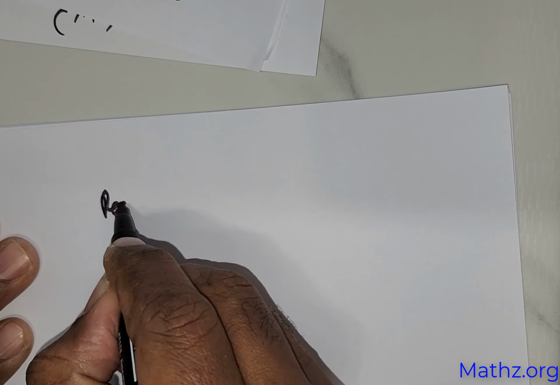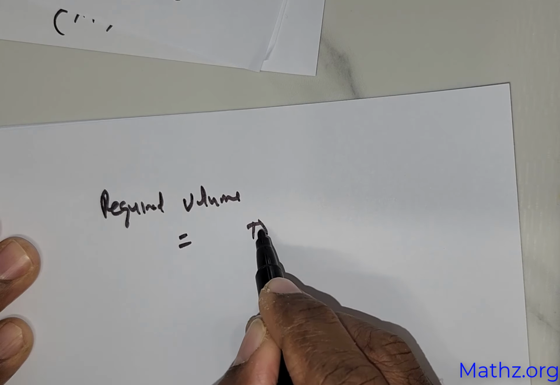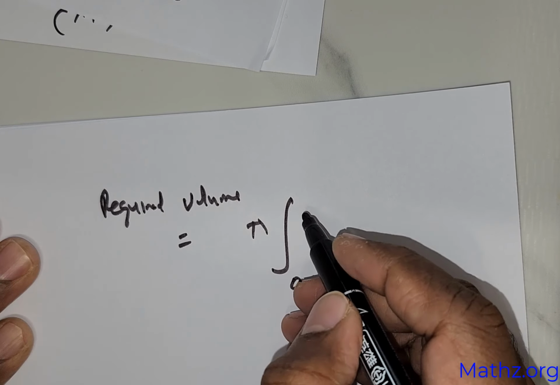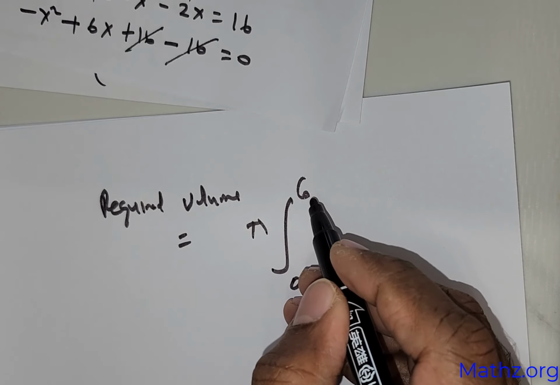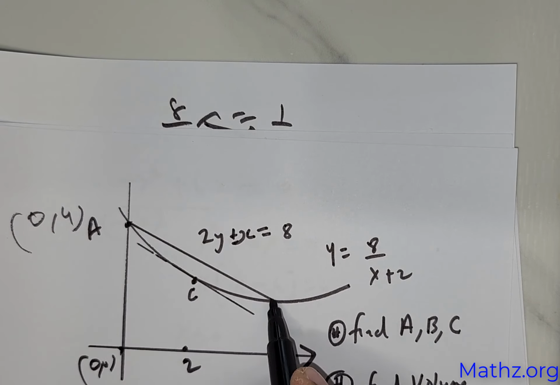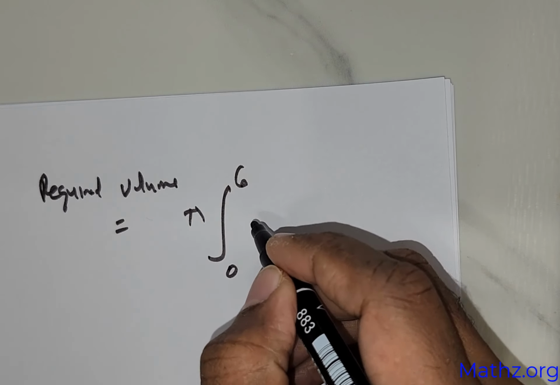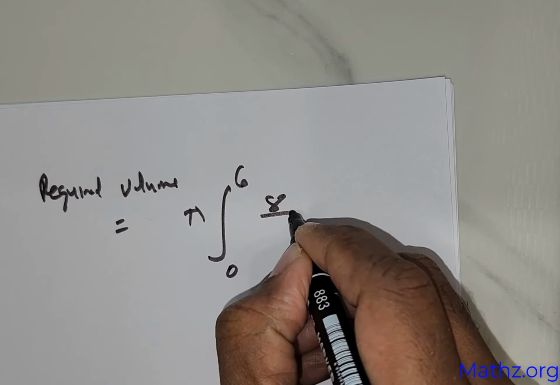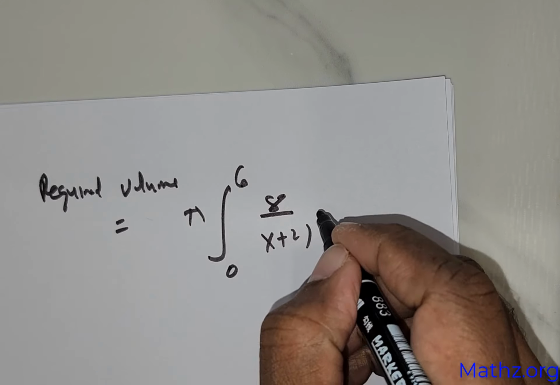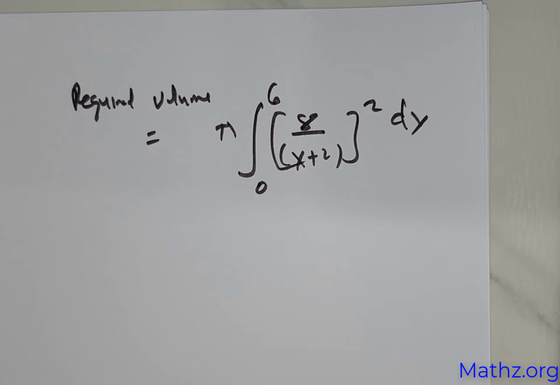So the required volume is given by pi times the integral from 0 to 6. That's the coordinate, right? You will have to take the coordinates from this end to this end. So that's why I'm taking it as 0 to 6. And the curve, right? So the curve is 8 over (x + 2). And you have to take the square because of the formula.